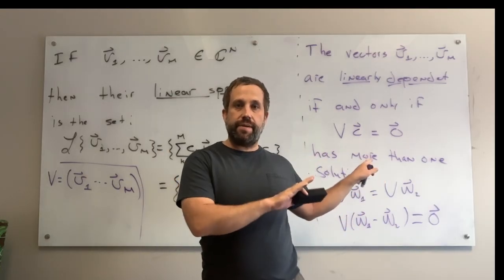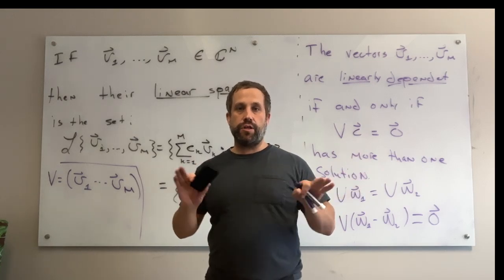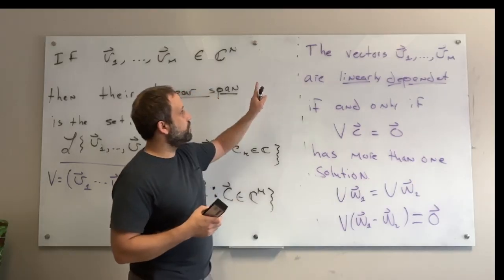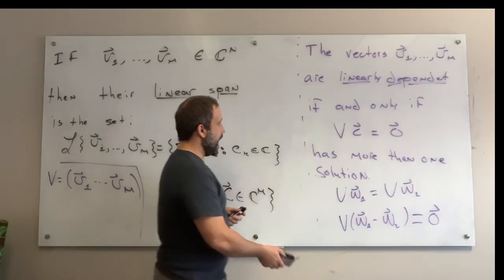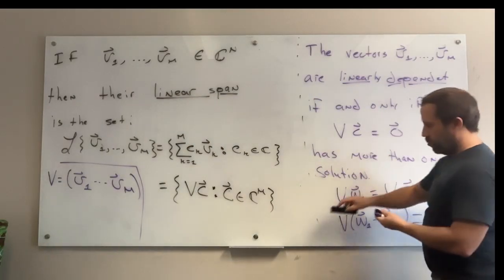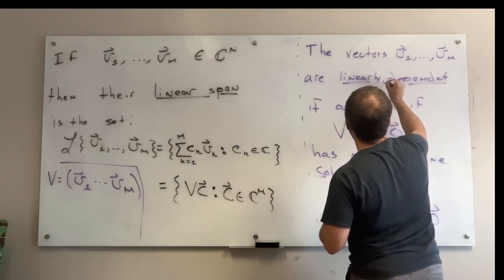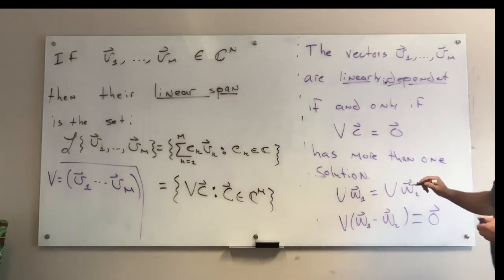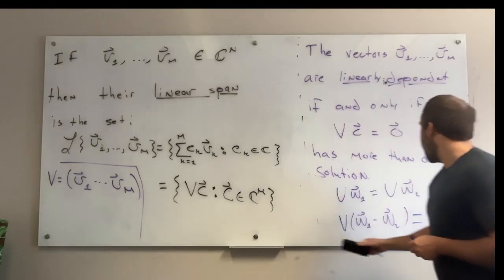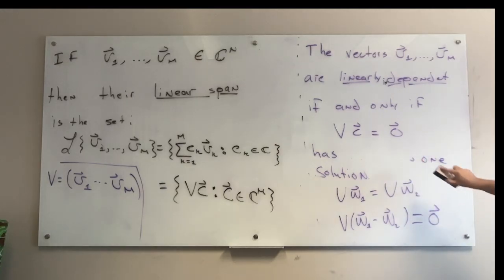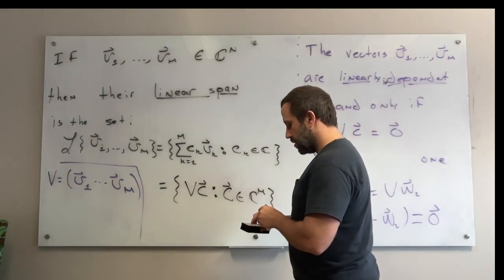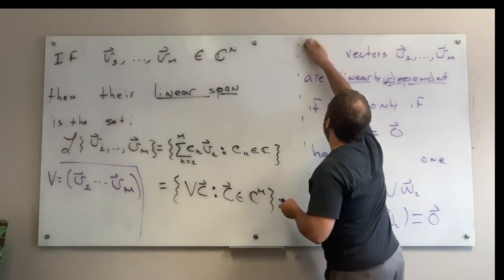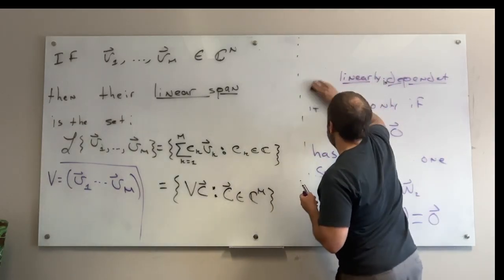The linear dependence and independence addresses the smallest part, okay? We could say the vectors are linearly independent if the opposite happens, if and only if this equation has one solution. Okay. So a set of vectors is either linearly dependent or independent. So think about that for a second, or keep that in the back of your mind. We're going to move on to another concept.